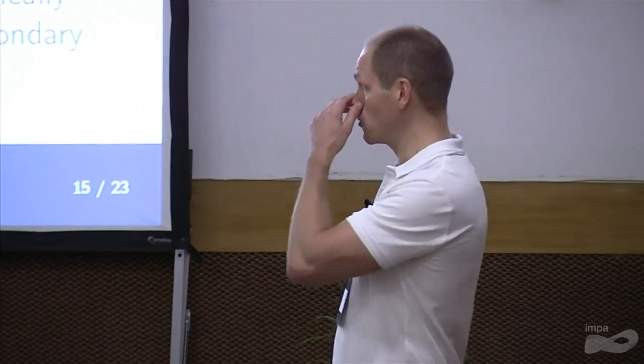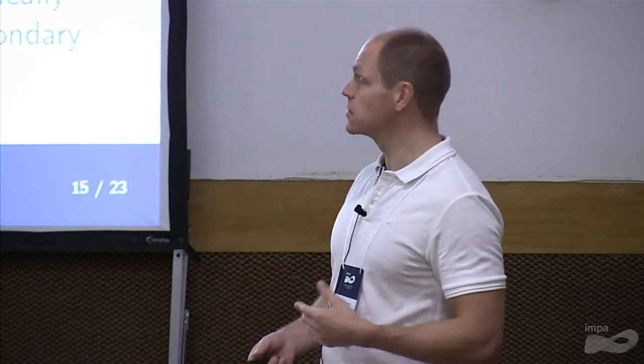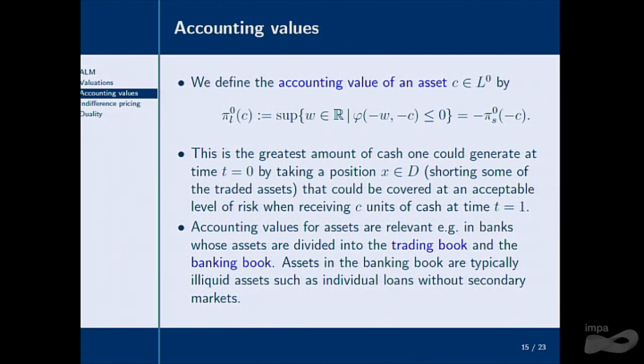It needs to be priced, even if the loan is subject to huge credit risk or optionalities or whatever. It needs to be priced. And that's what this accounting value for an asset is after. If the bank were to receive this claim in the future, how much cash could they give away today and still find a portfolio within the budget constraint that they end up with an acceptable terminal position?